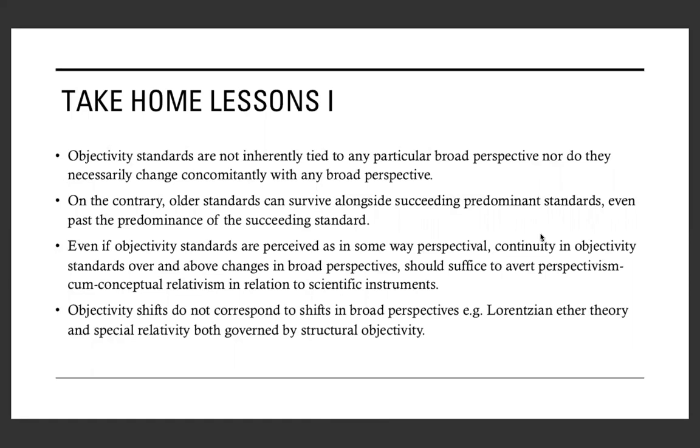On the contrary, older standards can survive alongside succeeding predominant standards, even past the predominance of the succeeding standards. Even if the objectivity standards are perceived as in some way perspectival, continuity in objectivity standards over and above changes in broad perspectives should suffice to avert perspectivism as conceptual relativism in relation to scientific instruments.